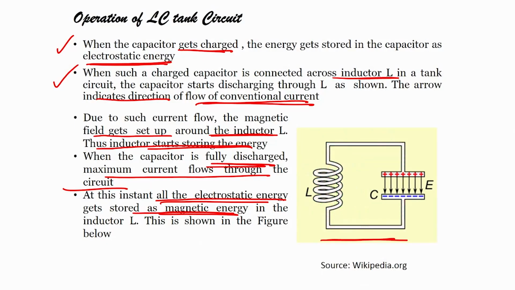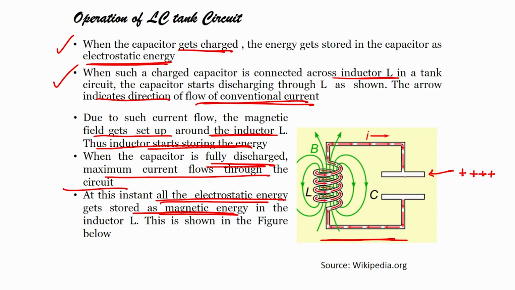So, let us come back to the screen, and what we will see here is, initially the capacitor is red, where you see the plus here, right. When there is plus here, there will be minus here.